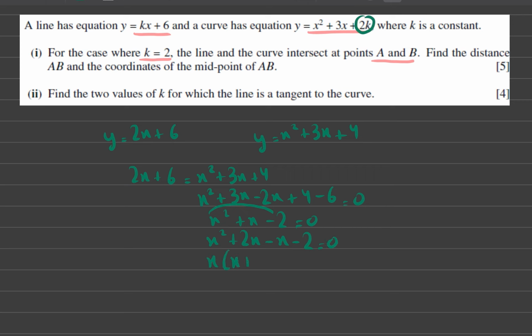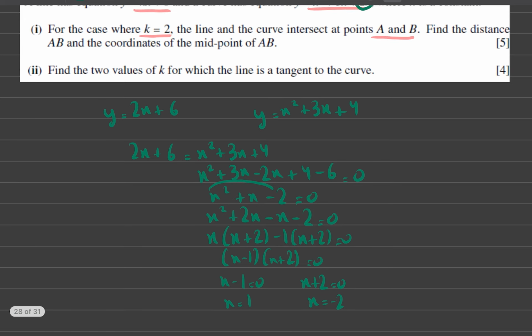Take x common, x plus 2. Take minus 1 common, x plus 2. Now, x minus 1, x plus 2. So you're going to equate this to 0, x is equal to 1. x plus 2 is equal to 0, x equal to minus 2. Do you get this?